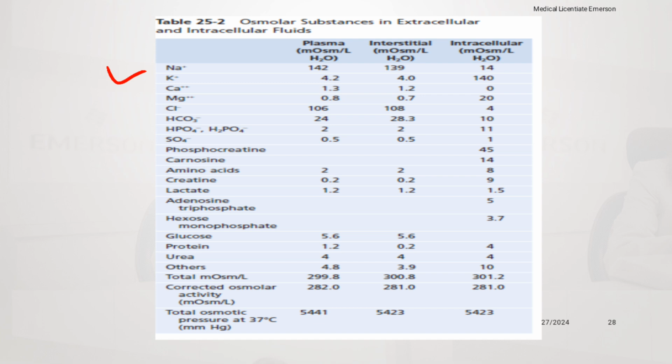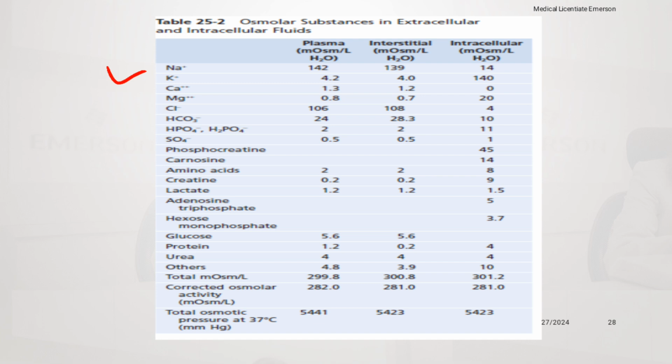You can pause and go through the osmolar substances in extracellular and intracellular fluids, and remember this information, at least for sodium, potassium, calcium, magnesium, chloride, even bicarbonate, and also glucose, protein, urea, and creatinine.